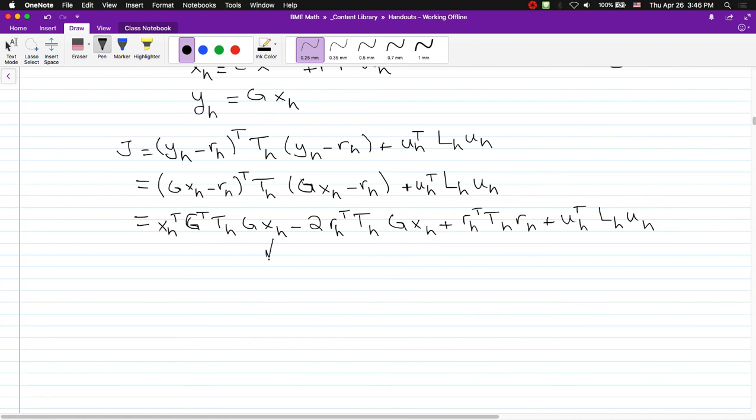So XH is E, the matrix E times x0 plus F gamma UH.